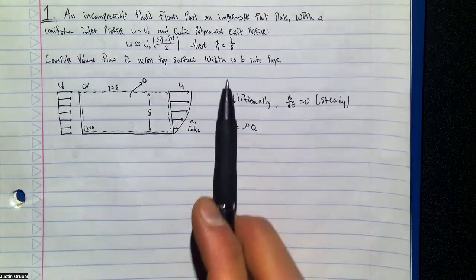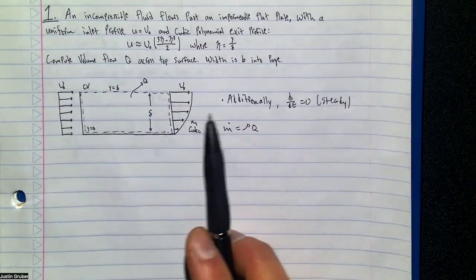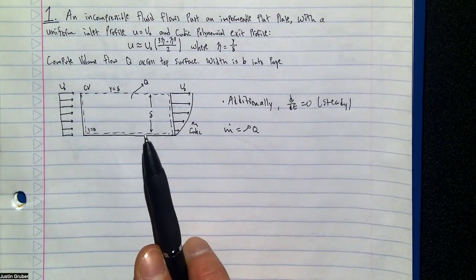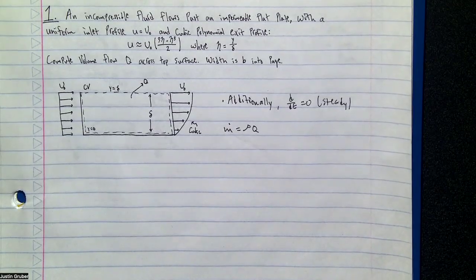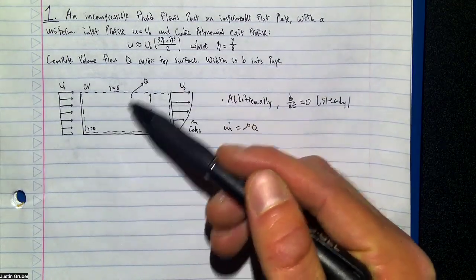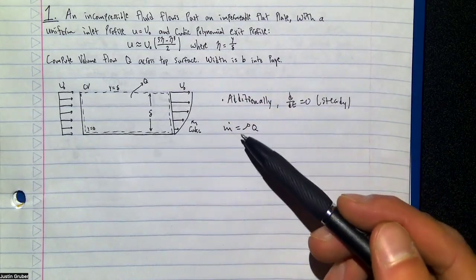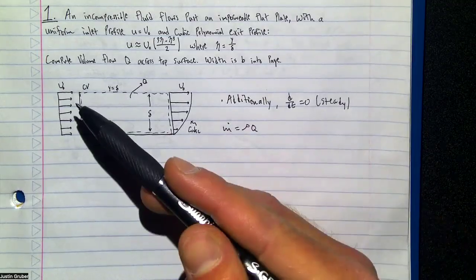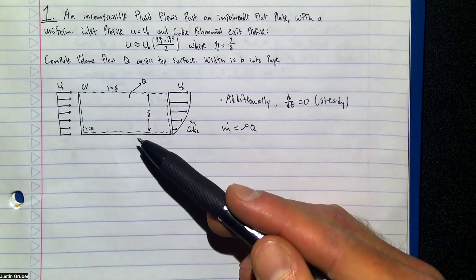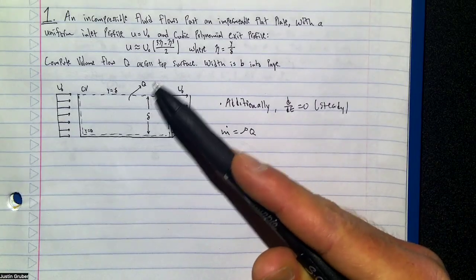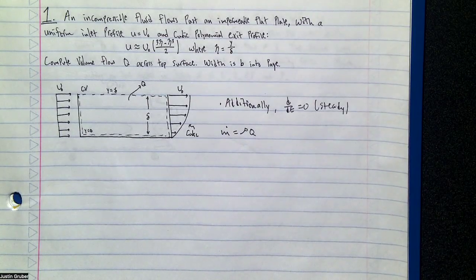So you know that what is coming in and what's coming out are different numbers. So what's the missing piece? That's this m dot coming out from the top. We want to compute this volume flow rate from that m dot, because what's coming in and what's going out is not the same thing, so we have to account for it with this extra mass flow coming out from the top.